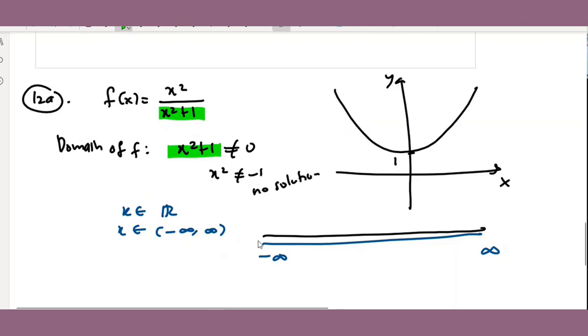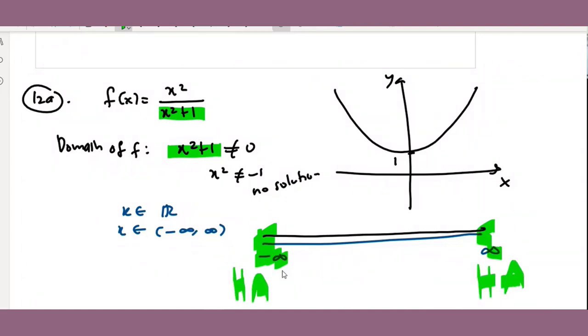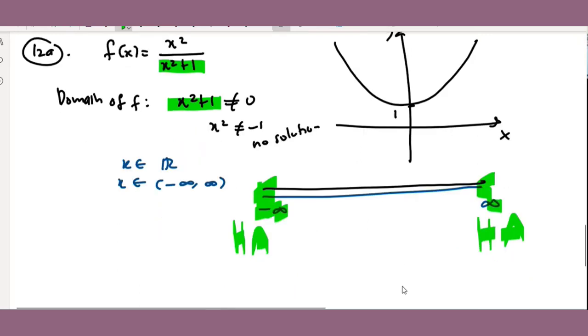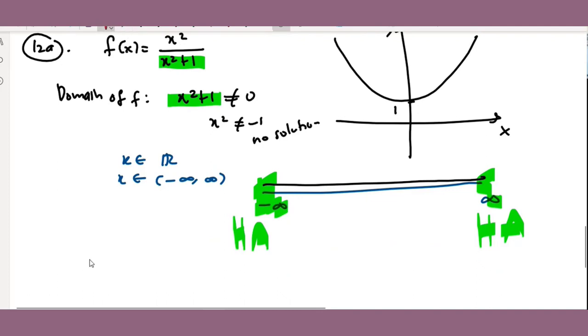So you only need to consider this one and this one. Maybe the two green ones produce a horizontal asymptote. Okay, so because x is all real numbers and no x excluded, we can conclude that there is no vertical asymptote.